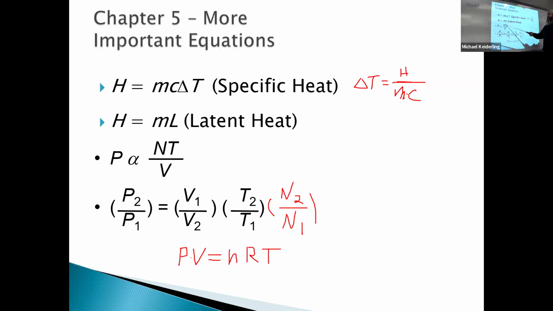And pressure is proportional to NT over V. So P2 over P1 equals V1 over V2 times T2 over T1 times N2 over N1. But for all the problems I give you, N2 will equal N1, so this will just be 1. And the general equation is PV equals nRT.